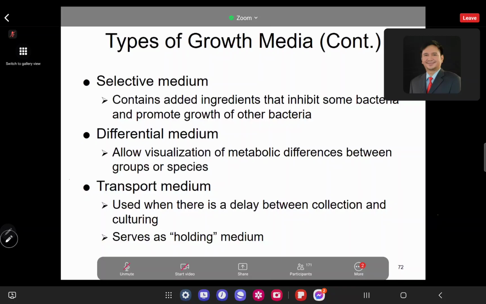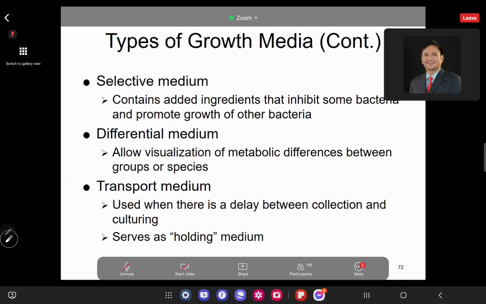An example is media containing antibiotics to select resistant organisms. I mentioned Bordet-Gengou. I mentioned chocolate agar for Neisseria species. While a differential medium allows for visualization of metabolic differences between groups or species, an example is your blood agar that would differentiate hemolytic and non-hemolytic bacteria.